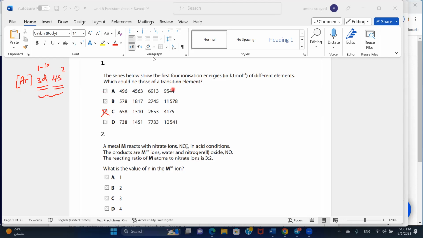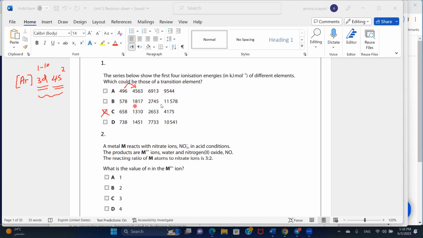But if you look here at A, there is a jump between the first and the second ionization energies. It was about 500 and it changed to 4,500. There's a difference of 4,000, which means that this element is present in group 1.